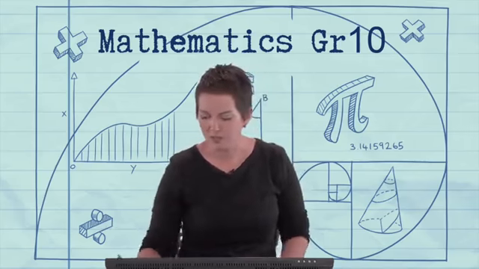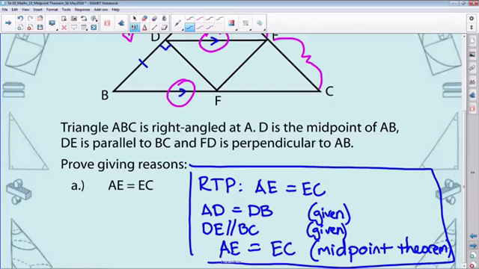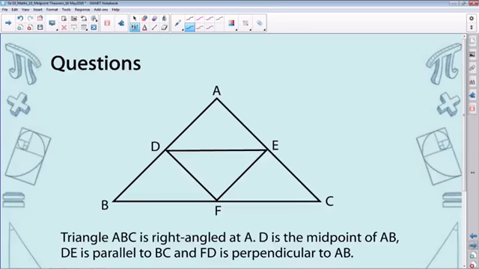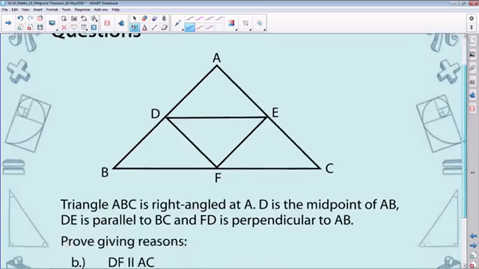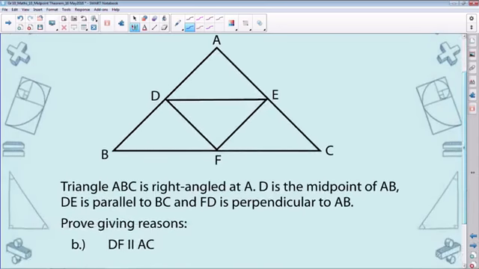Let's go on to the next part of the question. And the next part says, we've got the same diagram. We need to prove that DF is parallel to AC. So we have our given information, which I'll just draw in quickly. And then we have what we proved just now, where that is equal to that.